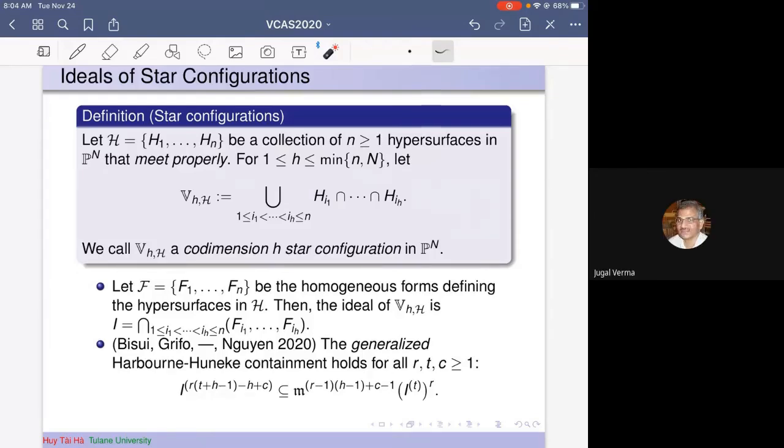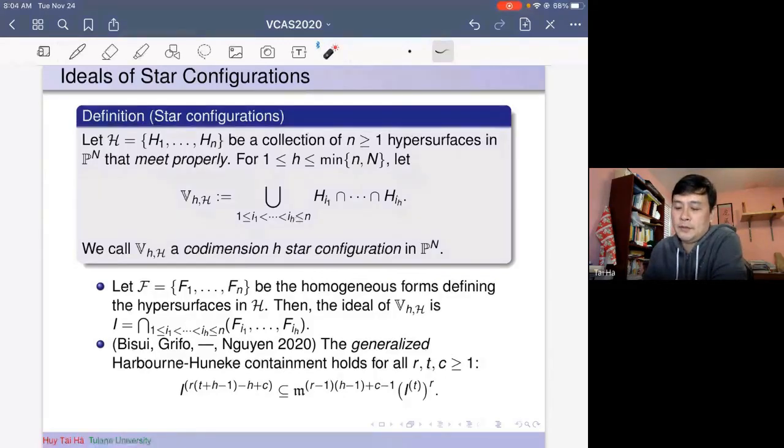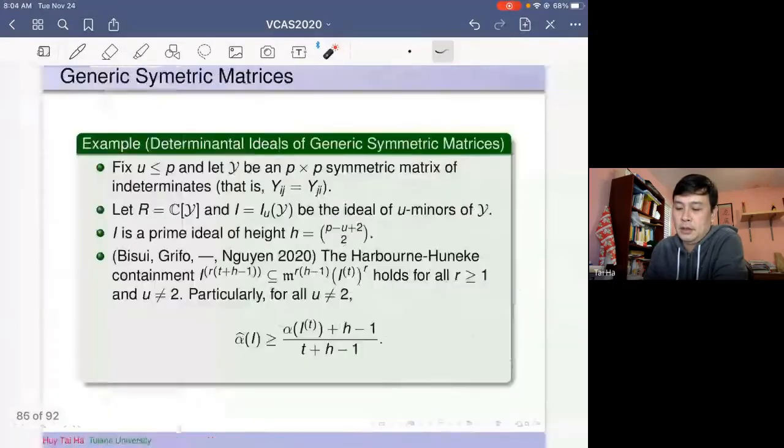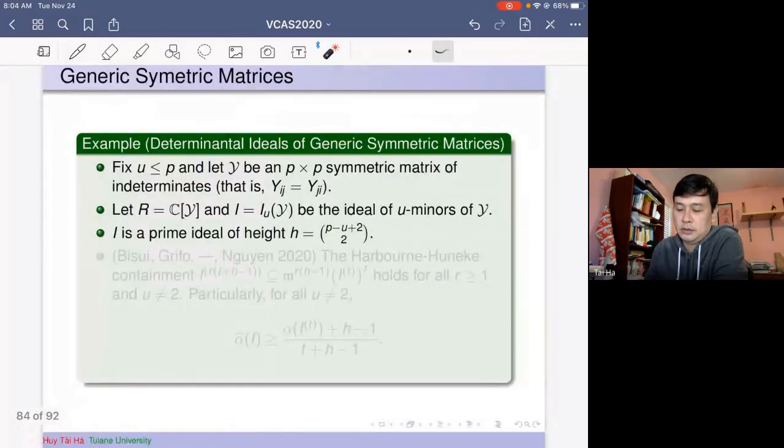Okay, any other questions? Tai, you mentioned the Harbourne-Huneke conjecture is valid for many determinantal ideals. Which determinantal ideals don't we know the conjecture for? For the types of determinantal ideals that I am familiar with, we do know the containment holds.